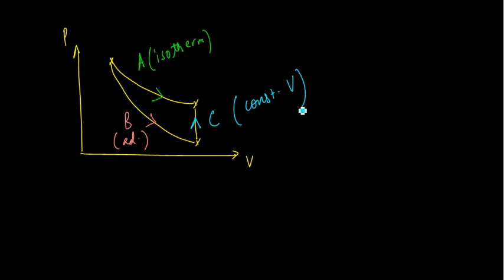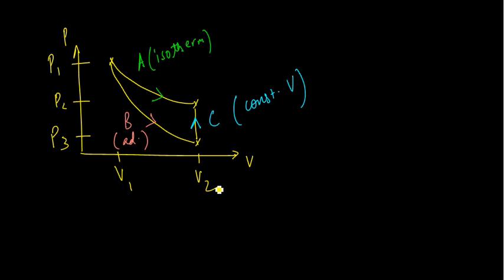Okay, so let's call this P1, P2, P3, V1, V2. Right. Now I've drawn the arrows over here.